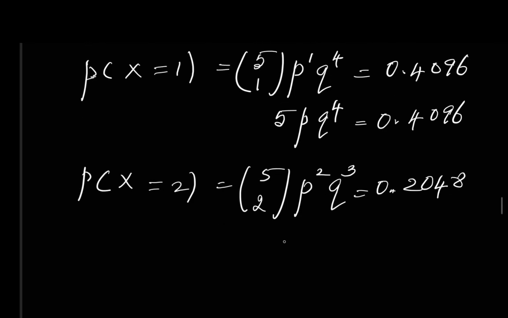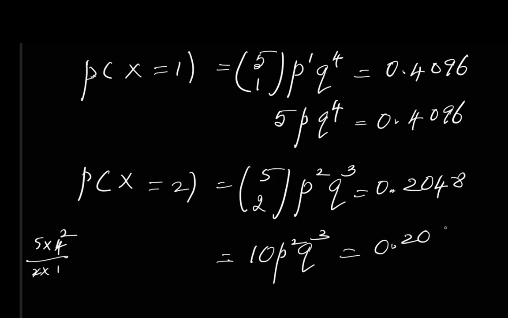So what is the value of 5C2? 5 into 4 divided by 2 into 1, that is 10. The value of 5C2 is 10, P squared Q power 3 is equal to 0.2048. Mark this as 1 and this as 2.